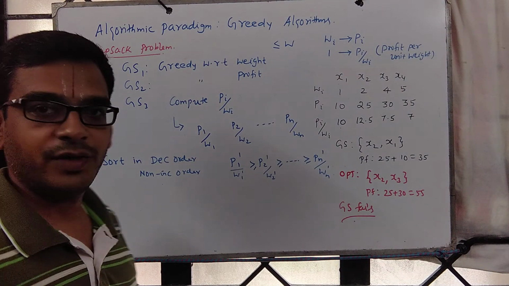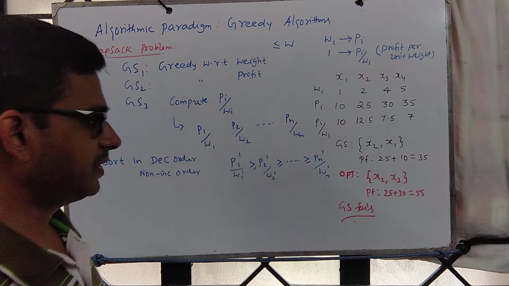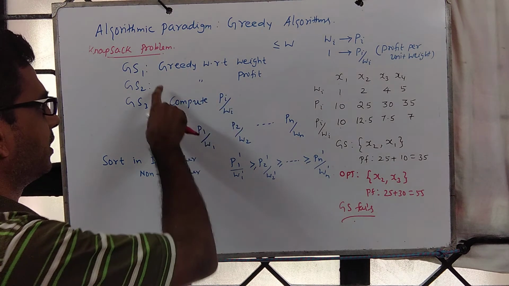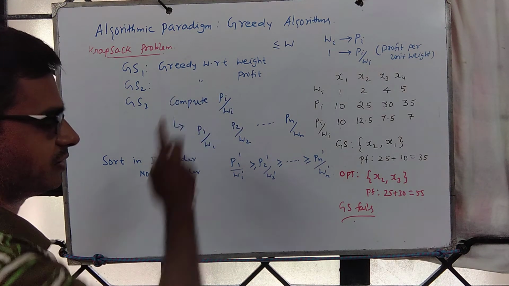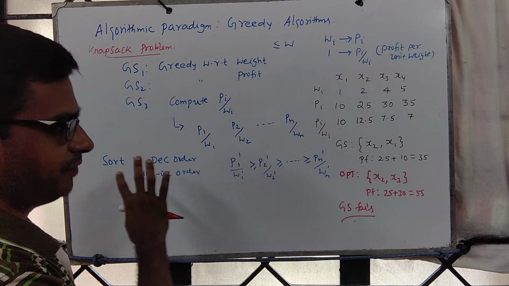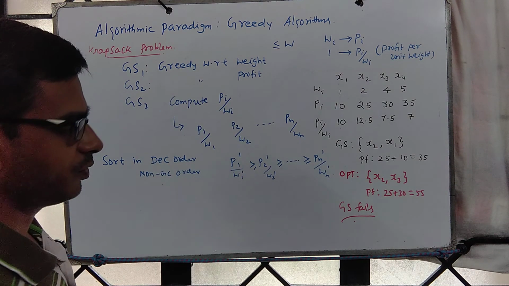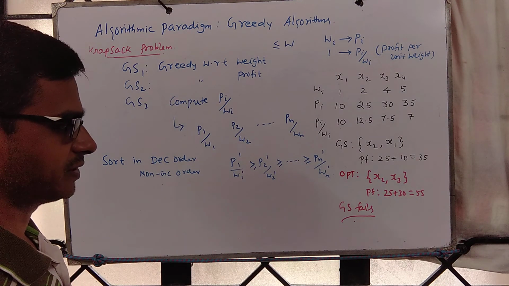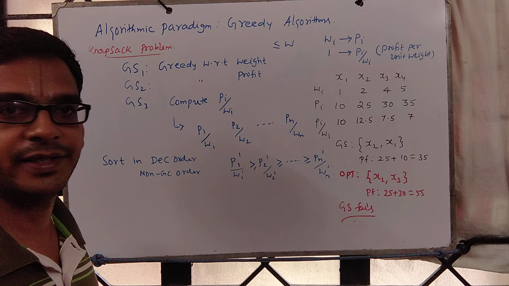Fine, so now if you look at this problem, there are basically three parameters. One is Pi, Wi, and third one is a blend of both, Pi by Wi. And we experimented with all three, and it looks like it is not working. It is working for some of them, but there are counterexamples. So which means in general the strategy doesn't work.